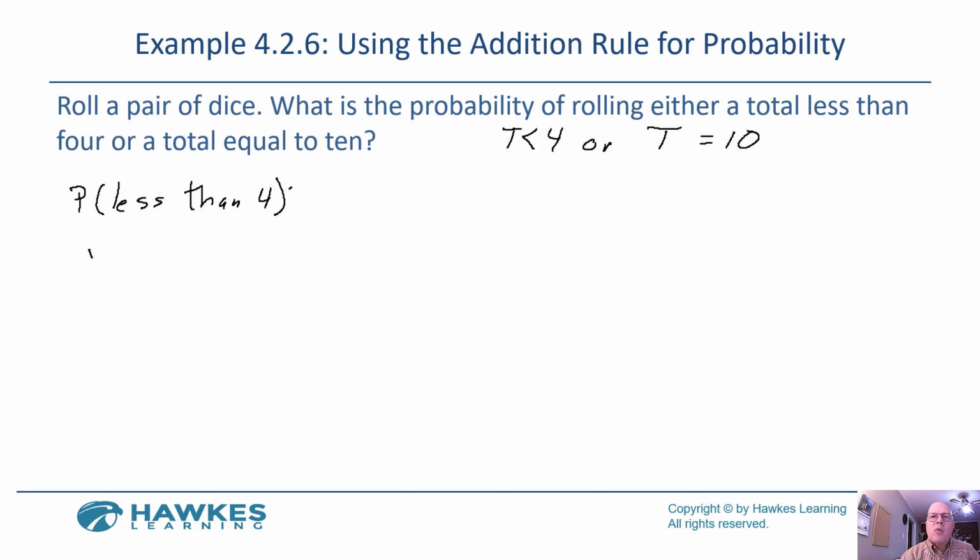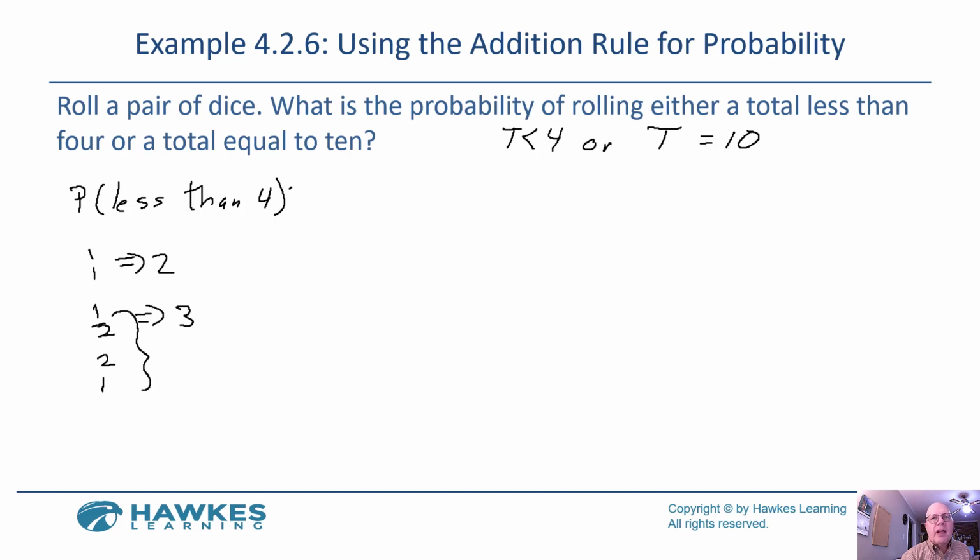We could have a 1 and a 1. If it's a 2, that's good. We could have a 1 and a 2, and that's good. But we could also have a 2 and a 1, because remember, the dice are not the same dice. If we have a red die and a green die, it's a different result. Both of these give us a 3, and those are good.